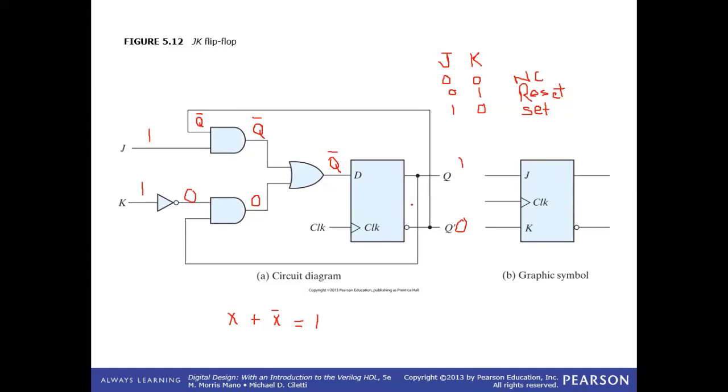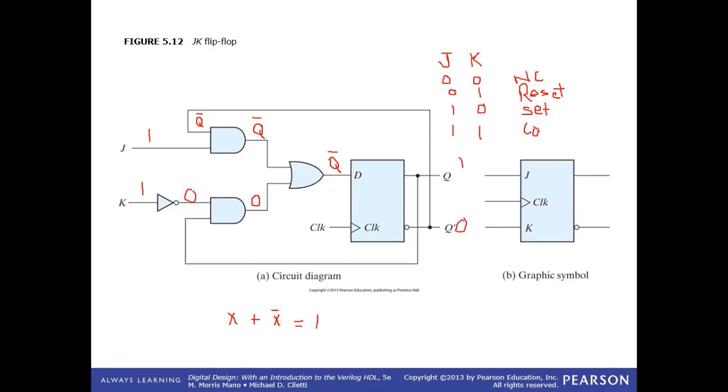Very good. So can I say that the output would become complemented, toggled, whenever J and K are equal to 1, 1? Yes sir. So whenever J is equal to 1 and K is also equal to 1, the output of this circuit that's in front of us would get complemented.